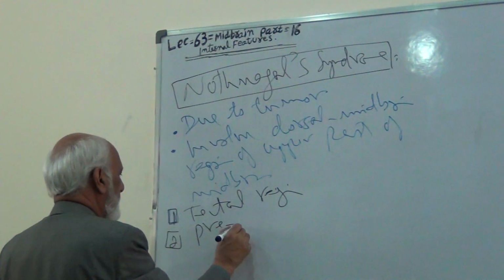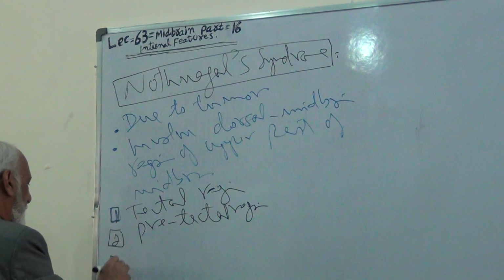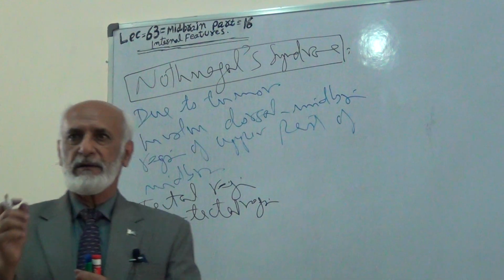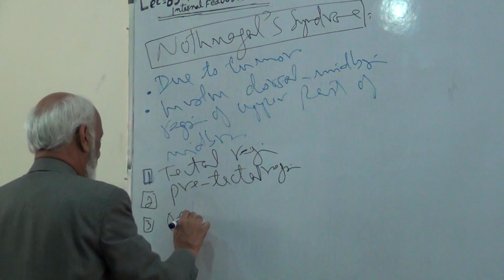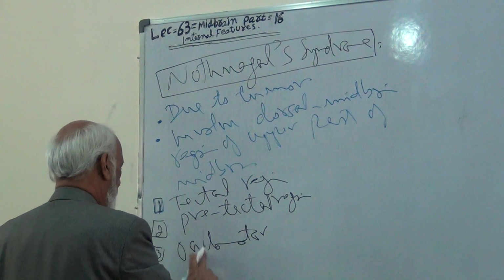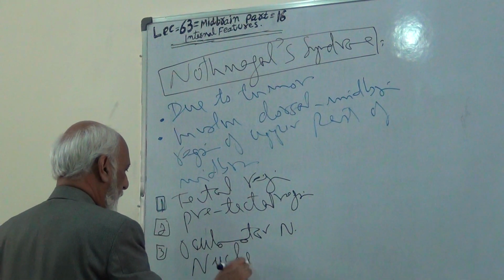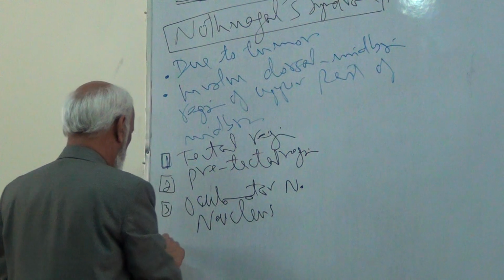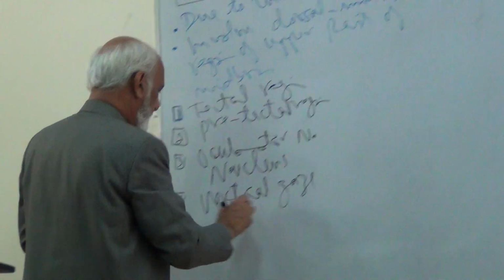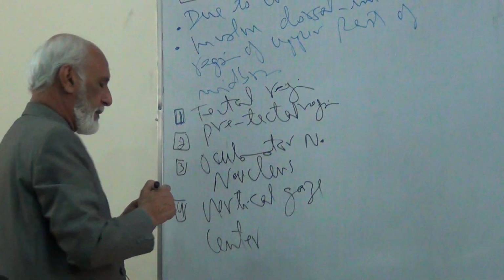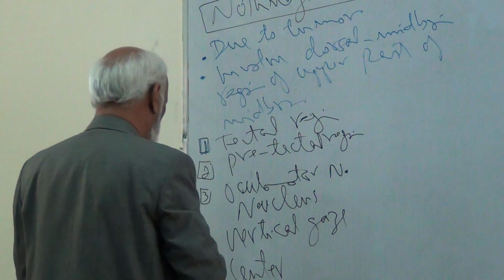Number 2, the pretectal region. The tectal region and pretectal region of the midbrain, the oculomotor nucleus, and the vertical gaze center. The red nucleus is not involved.